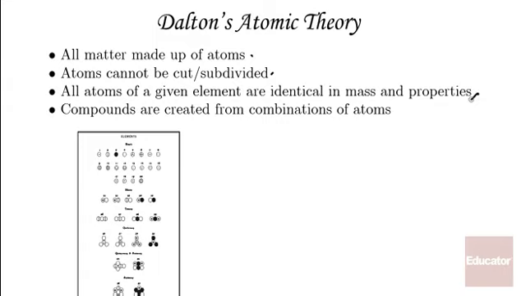And compounds are created by the combination of atoms in relatively small numbers. These were the ideas of Dalton's atomic theory, and they gave rise right away to a law, the law of multiple proportions.